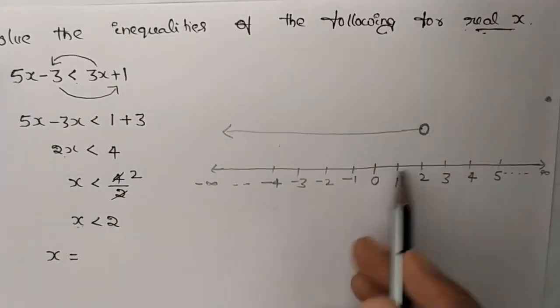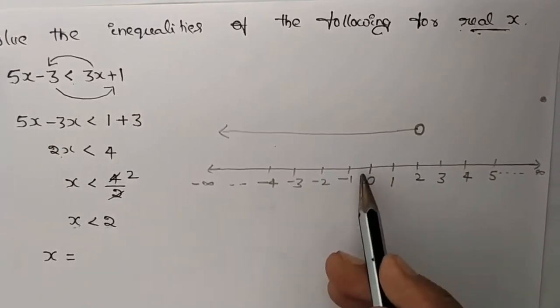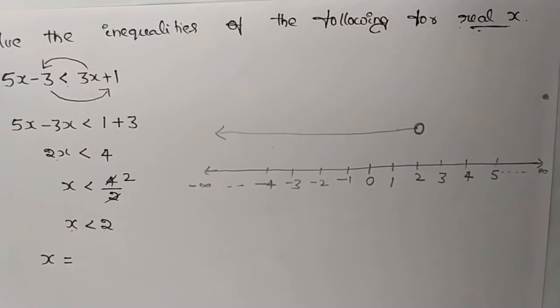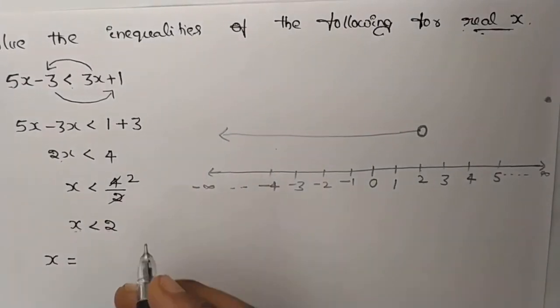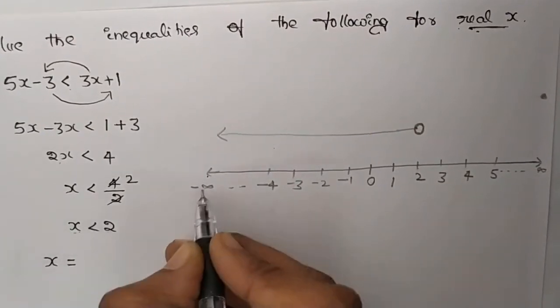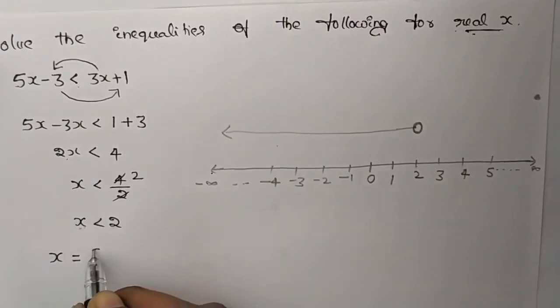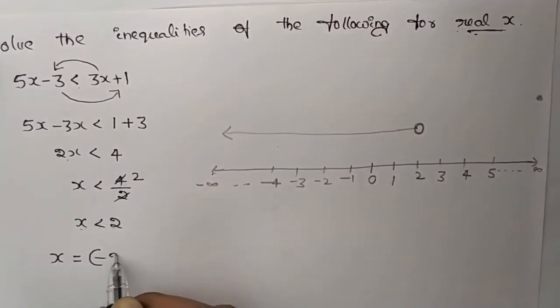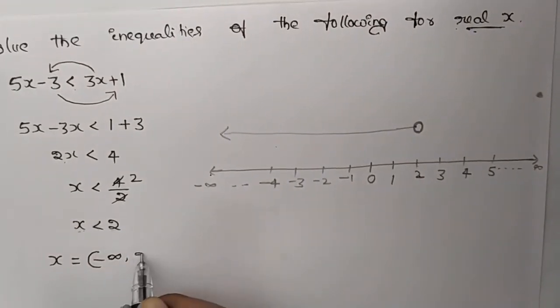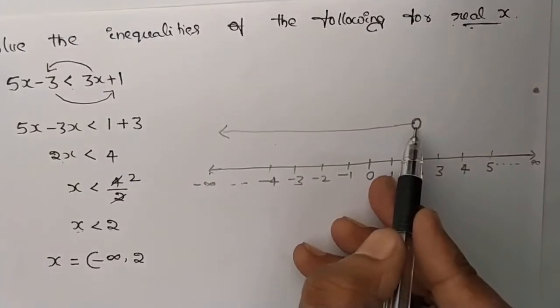It is a representation of a solution on a number line. Next, we are going to write its solution set. Minus infinity is always excluded. Minus infinity up to 2, which is excluded.